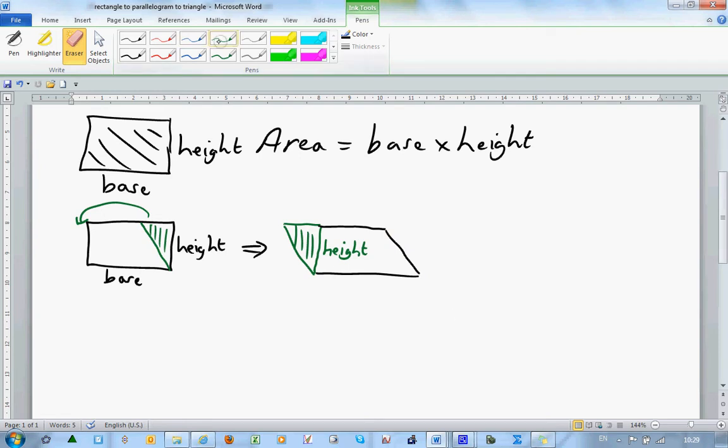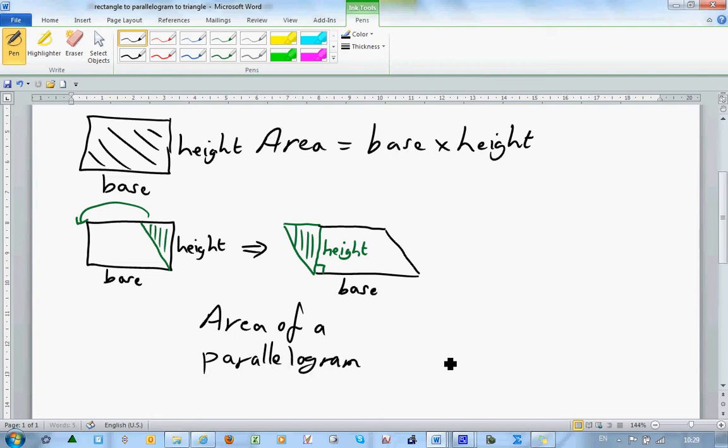And notice the base hasn't changed. The length of the base is the same. So the area of a parallelogram must be equal to the base times the height.